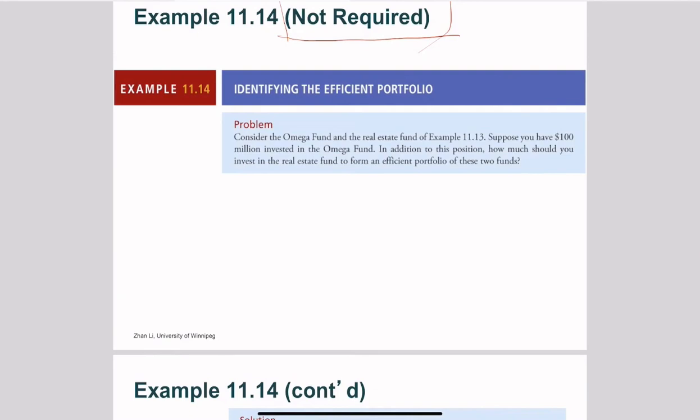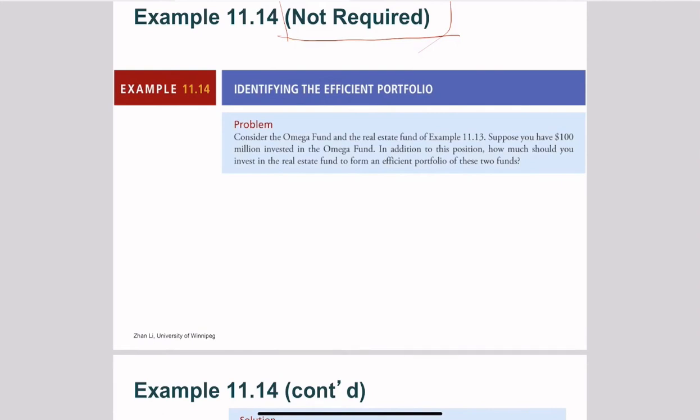In addition to this position, how much should you invest in the real estate fund to form an efficient portfolio of these two funds? So if you recall the previous example we just talked about, the answer we got there is that we should add the real estate fund to this Omega fund to achieve a more efficient portfolio.